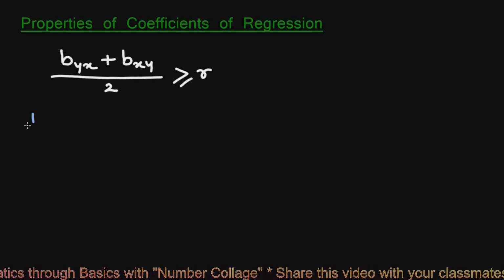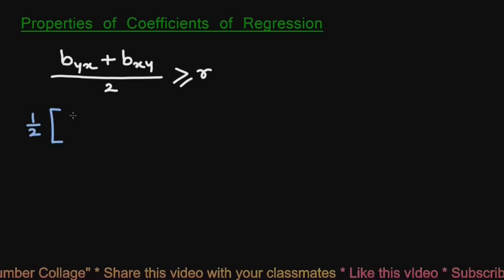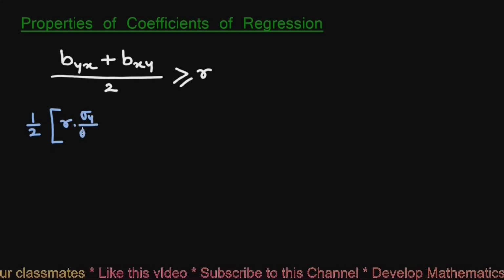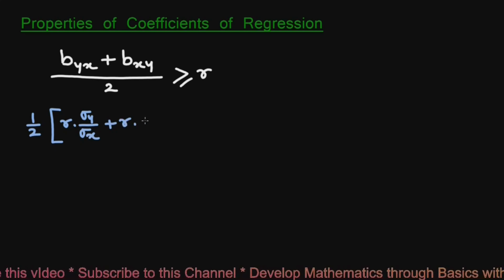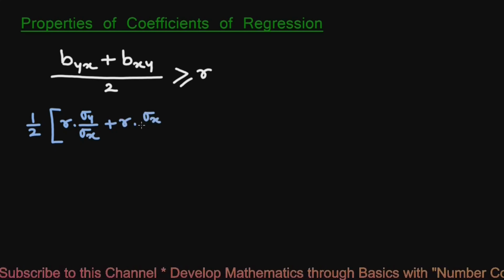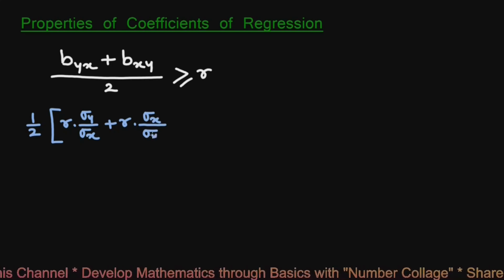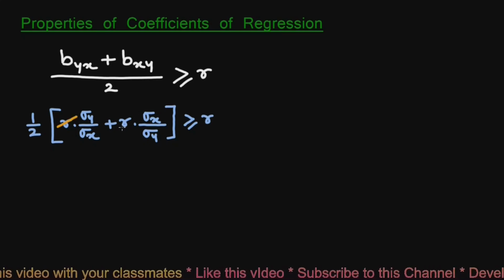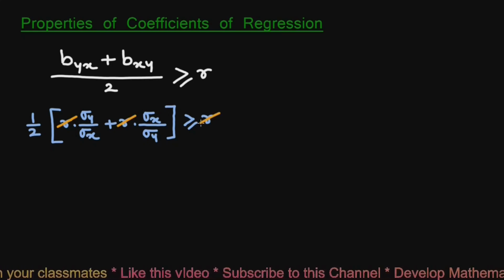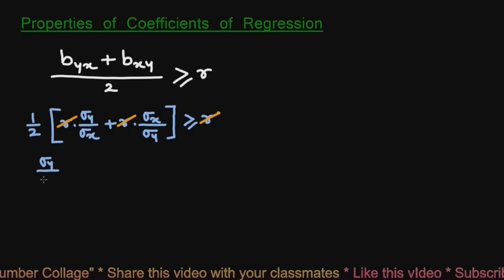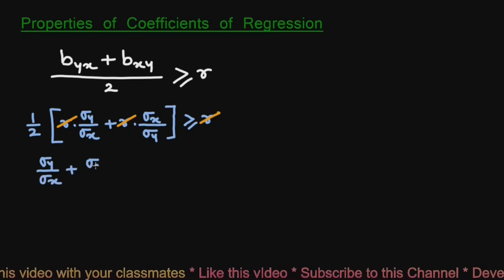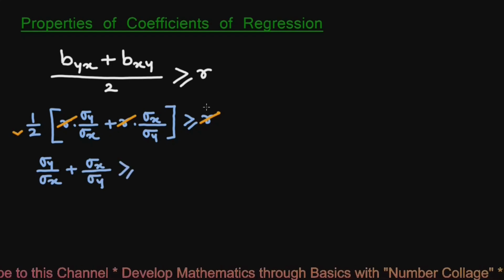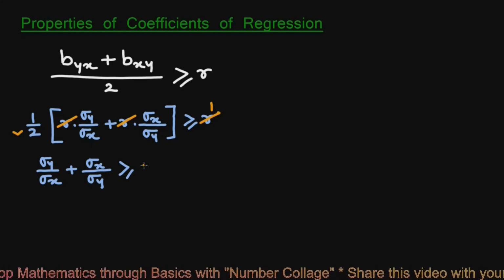So we write half, in place of byx we write r into standard deviation sigma y upon standard deviation sigma x plus r into sigma x upon sigma y greater than or equal to r. Dividing throughout by r, this r cancels with this r. That will be sigma y by sigma x plus sigma x by sigma y greater than or equal to 2 multiplied by this 1, which will be 2 here.